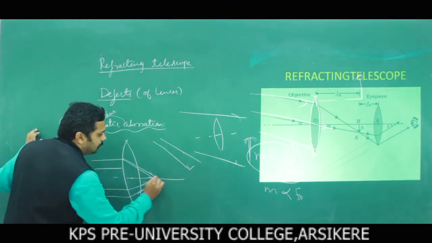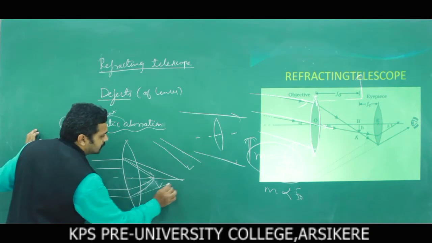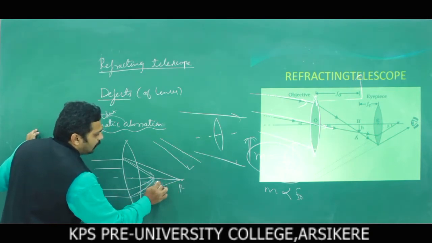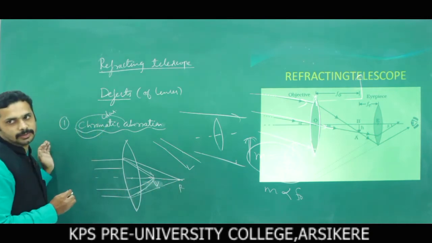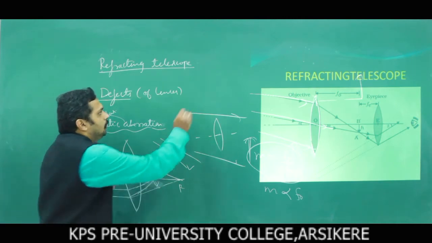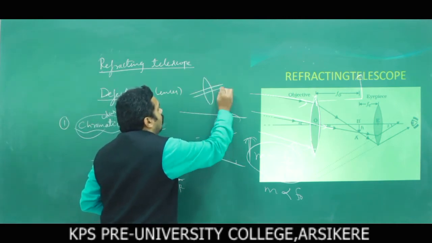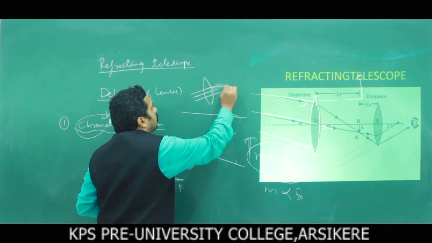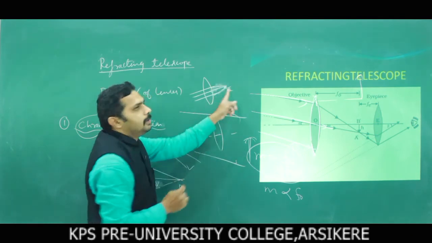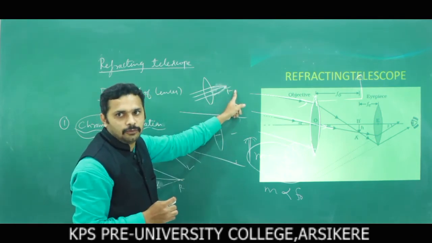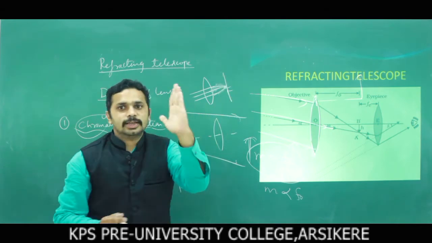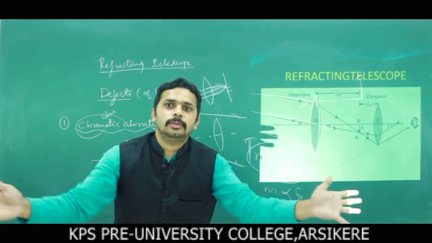This violet color meets here, red color meets here, and in between, the other colors meet. There is no sharp image. You know that to get a sharp image, all the colors have to meet at one point. This is the focus. At that point you place the screen, and then you will get a sharp image of the object.